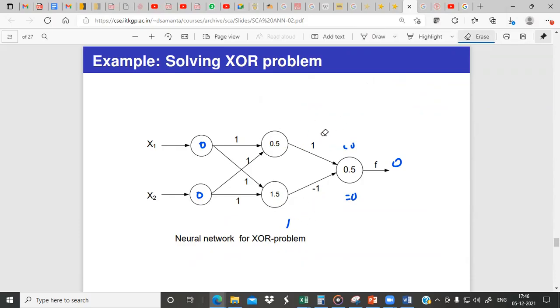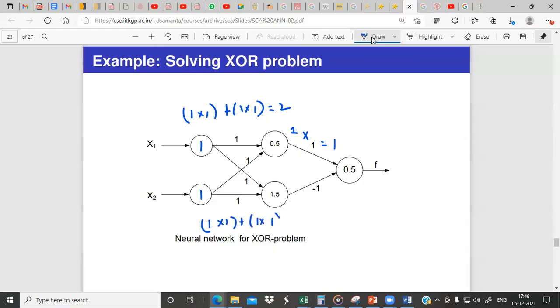Now let us see what happens if both inputs are 1. If this is 1 and this is 1, then here what you get is 1 into 1 plus 1 into 1, which is nothing but 2. Is 2 greater than 0.5? Yes, 2 is greater than 0.5. So the output is 1. And again, here it is 1 into 1 plus 1 into 1, which is 2.